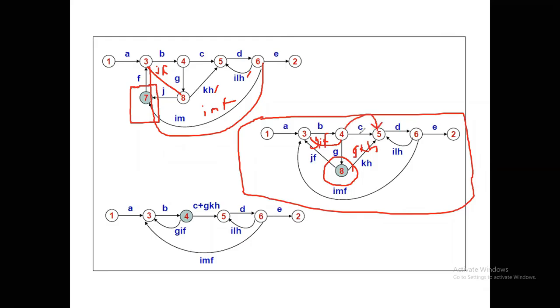If you observe, C and G, K, H are two parallel loops, so we can write C plus G, K, H. And similarly we remove the 8, so from 4 to here we write G, I, F. Now it seems like this: 1, 3, 4, 5, 6, 2.